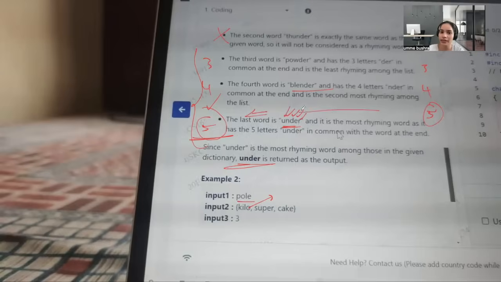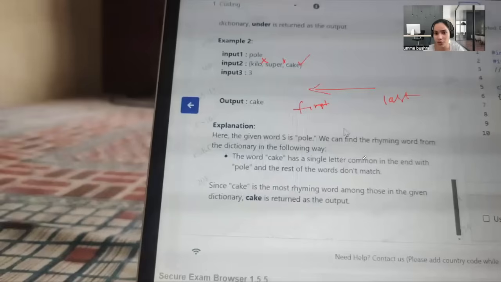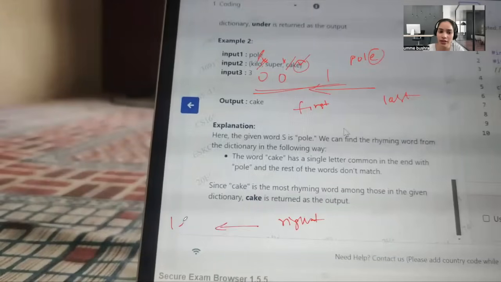So come from right, then go to your left. This is the approach that we're going to follow, and this is what we have learned. So from POLE, the reason why I've taken cake is that the last letter is matching, which means we have 1 in common. E and E not matching, so 0. E and O not matching, so 0. So the approach is going to be from right, then we'll go to left.